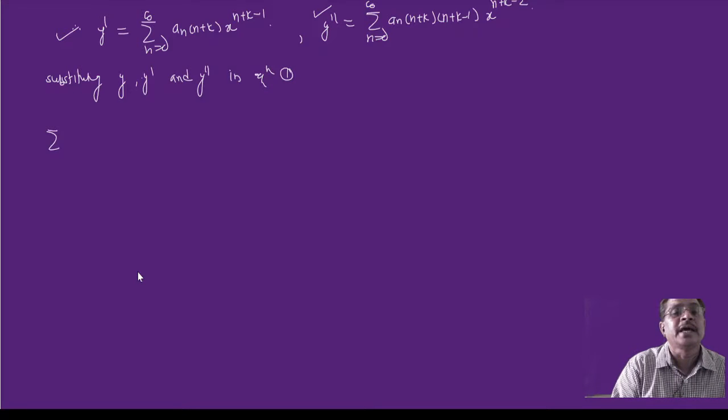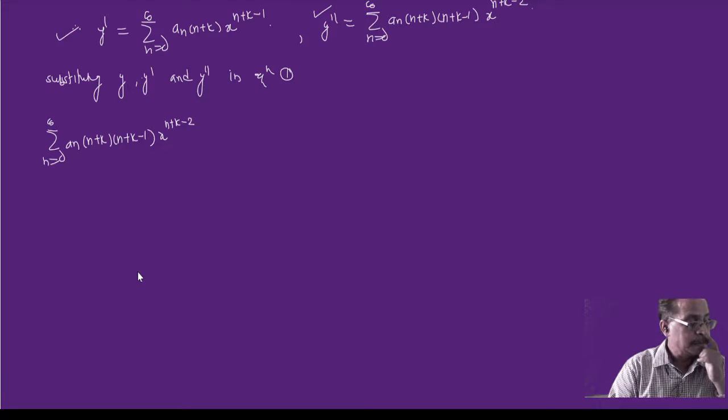The first one is the summation over n equal to 0 to infinity of a n times n plus k into n plus k minus 1 into x raised to n plus k minus 2. This is my y double dash, minus 2x.